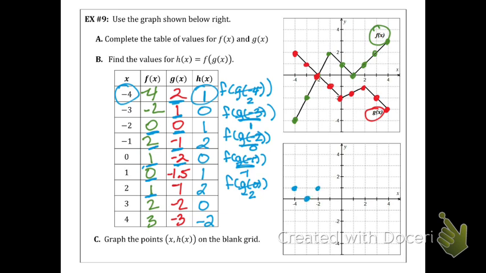Negative 2, 1. Negative 1, 2. Okay, we're going to connect them in this order. 0, 0. 1, 1. 2, 2. Oops, went the wrong way on that one. Sorry. 1, 1. 2, 2. 3, 0. And 4, negative 2.